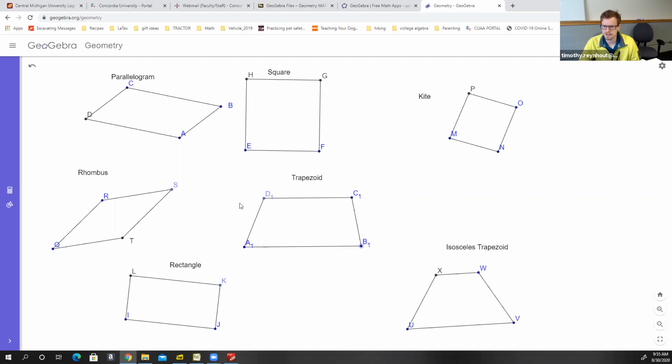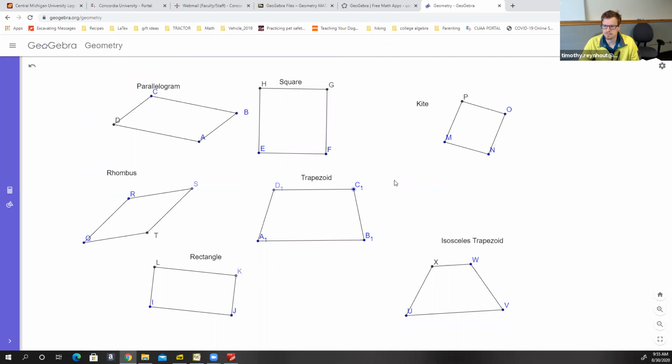So that's excellent. Could we end up with perpendicular diagonals? I'm not certain that we could. We might be able to come really close, but it wouldn't necessarily be true.